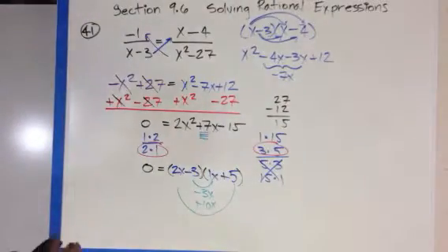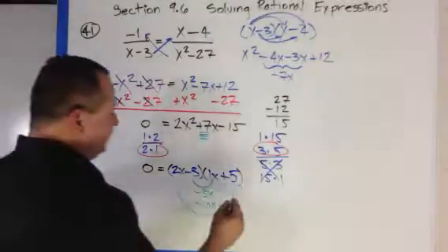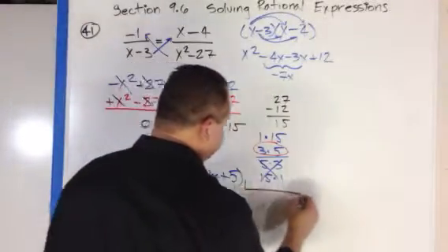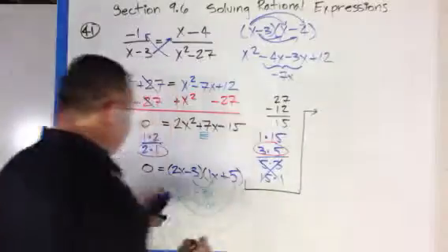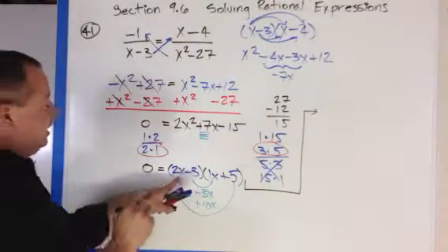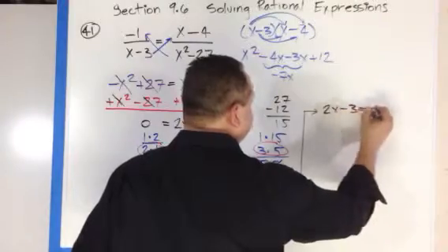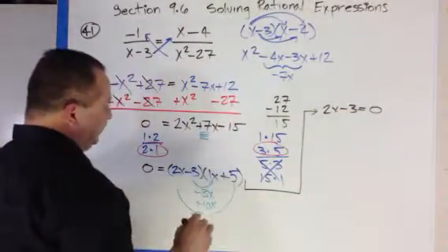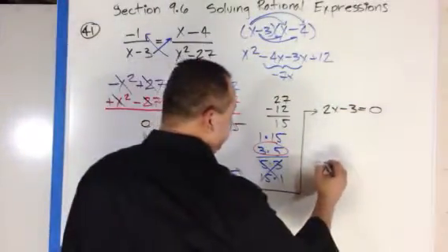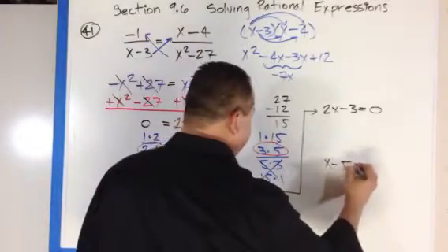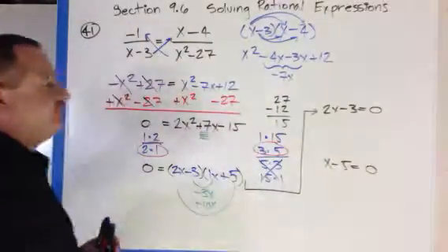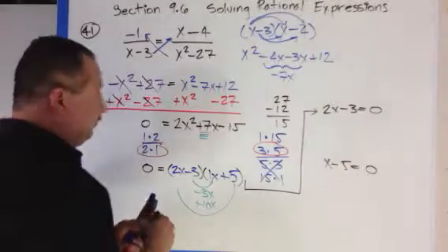So now it's time to solve. I'm going to go ahead and continue solving over here on the right. So I'm going to do the zero product property again. 2x minus 3 is equal to 0. And then the second one's going to be x minus 5 is equal to 0. I'm going to put them on top of each other because I'm out of room.